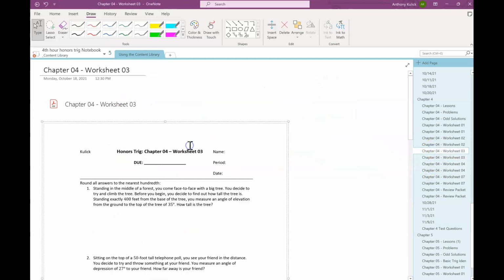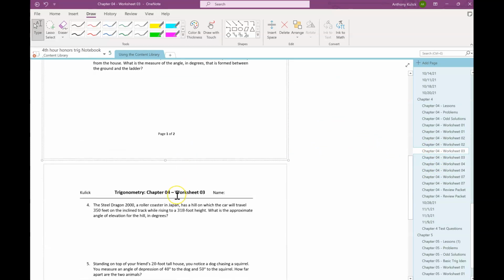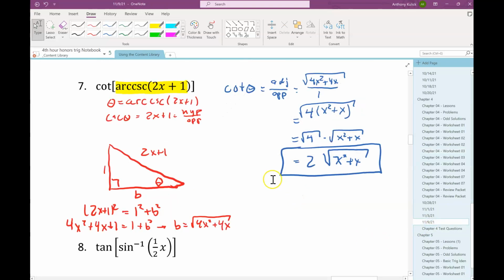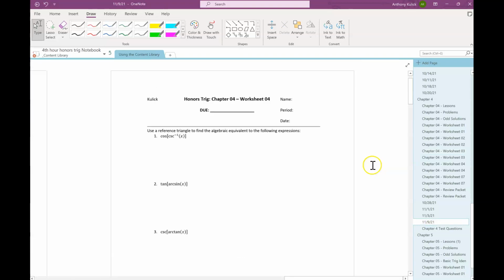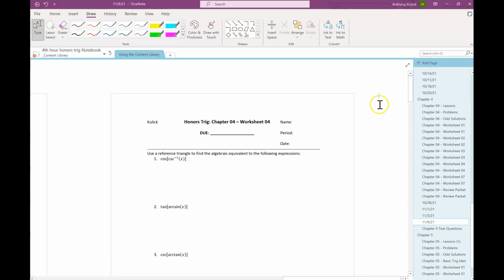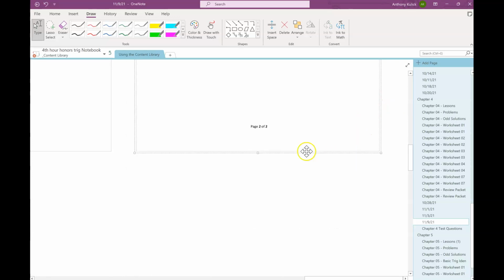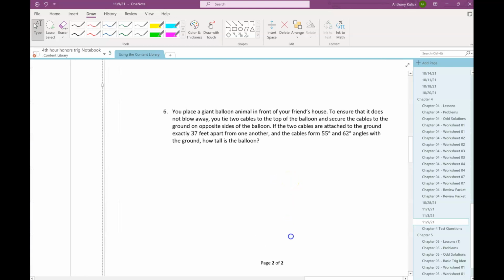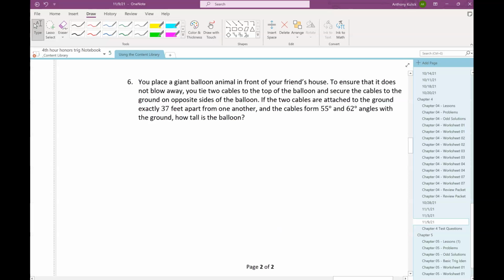Sheet 3. Okay, so this is one of these story problems. You place a giant balloon in front of your friend's house. To ensure that it does not blow away, you tie 2 cables to the top of the balloon and secure them to the ground on opposite sides of the balloon.